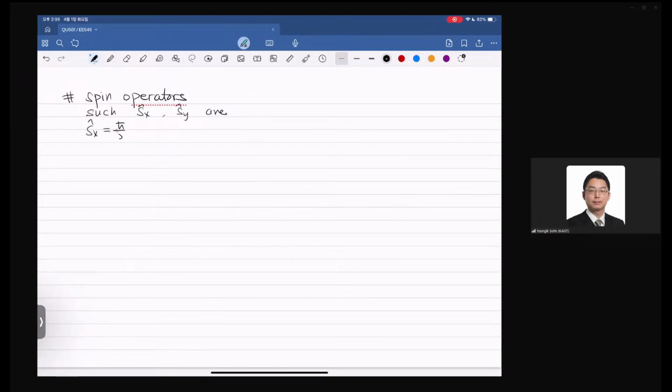It is not a unique answer, but it's a typical choice, a canonical choice of the spin X operator and the Sy operator. They are not unique, but they are solutions. They work. It's not the only solution, but it works.